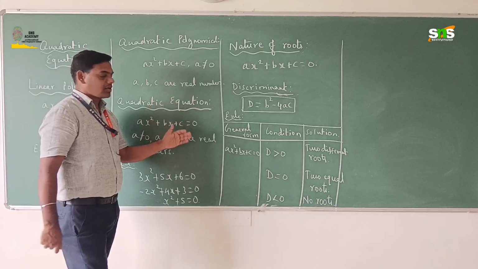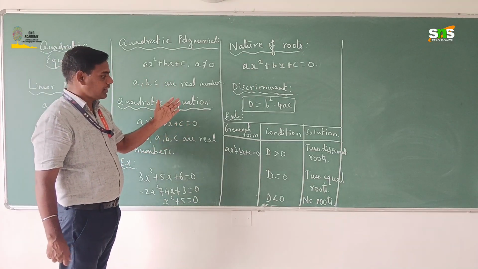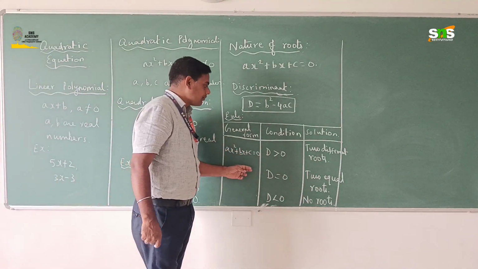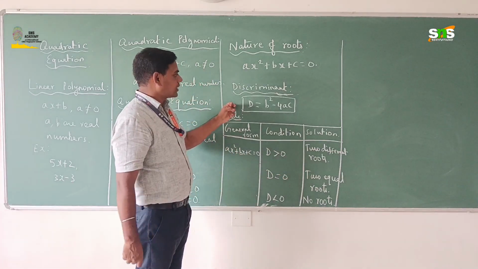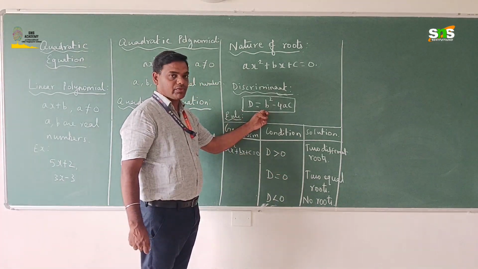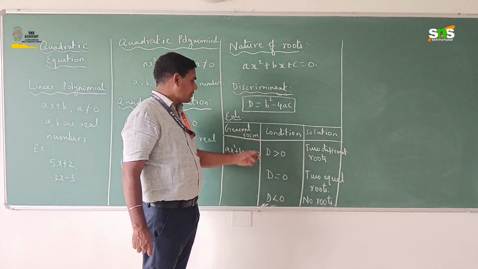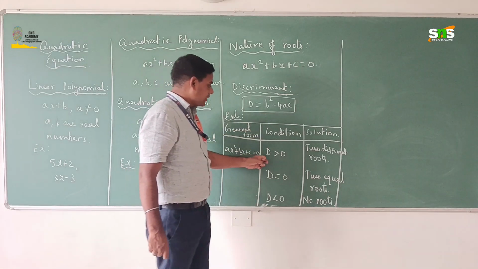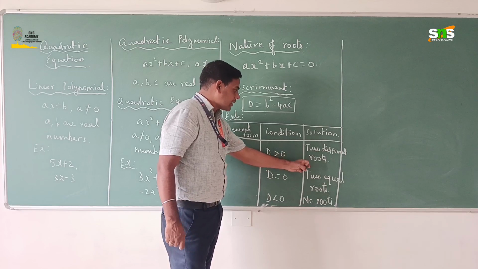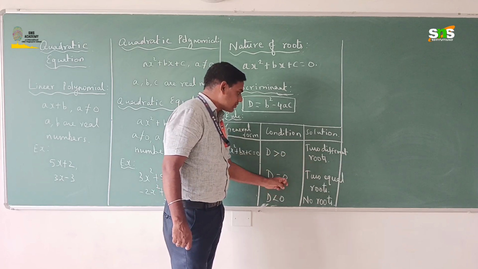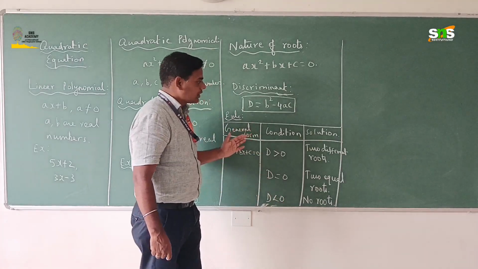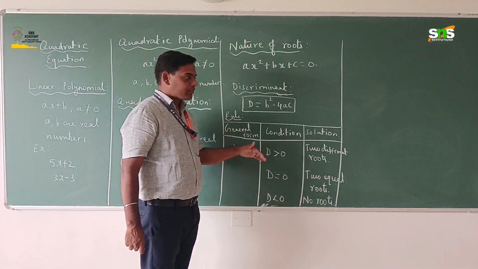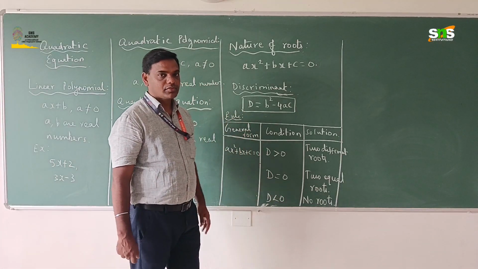So these are the conditions for the quadratic equation, and based on them we know what type of solution we will get. The discriminant D is equal to b square minus 4ac. When D is greater than 0, we get two different roots; D equal to 0, two equal roots; D less than 0, no roots. We will see this when solving the sums.